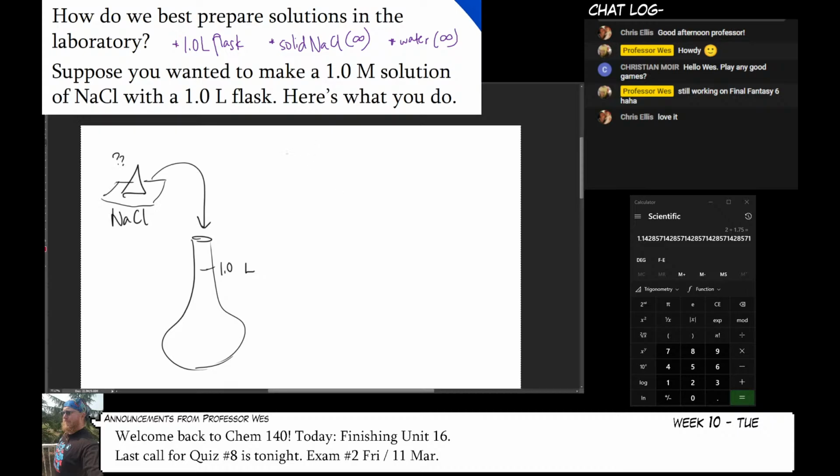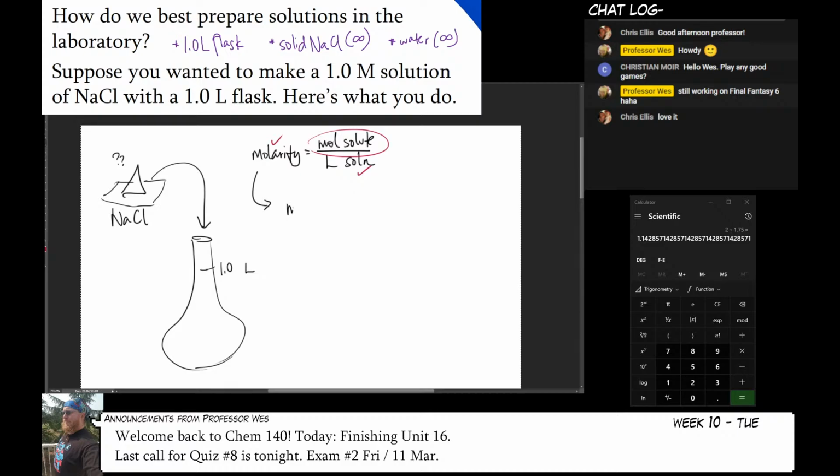Well, let's do a calculation here. So molarity equals moles solute over liters of solution. And I know I want a 1 molar solution, and I have a 1 liter flask. So I could calculate this in a rather straightforward manner.